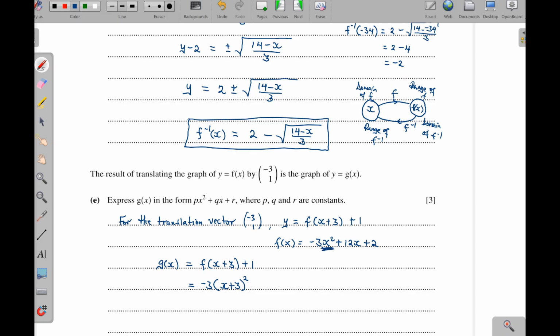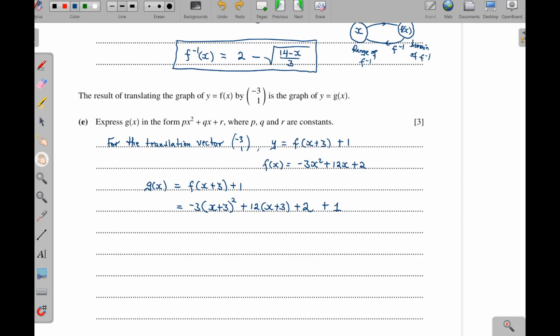Replace this x with this, then plus 12, again x plus 3, and then there is a plus 2 here. So that is f of x plus 3, but then there is a plus 1 here.